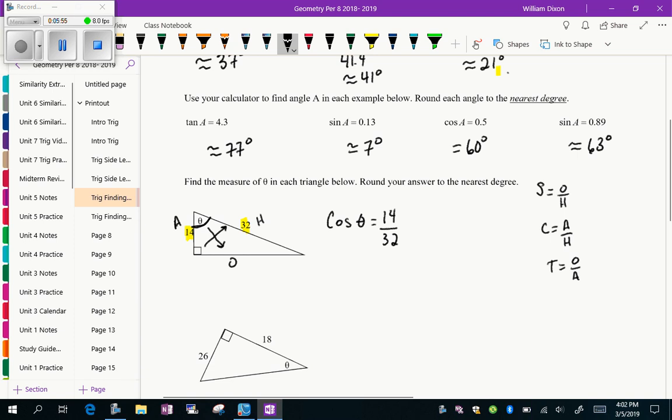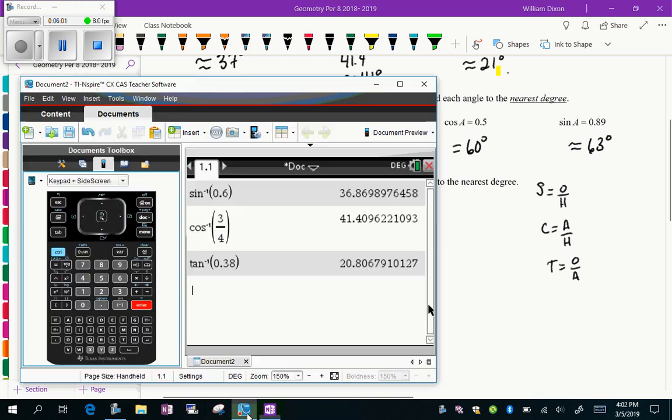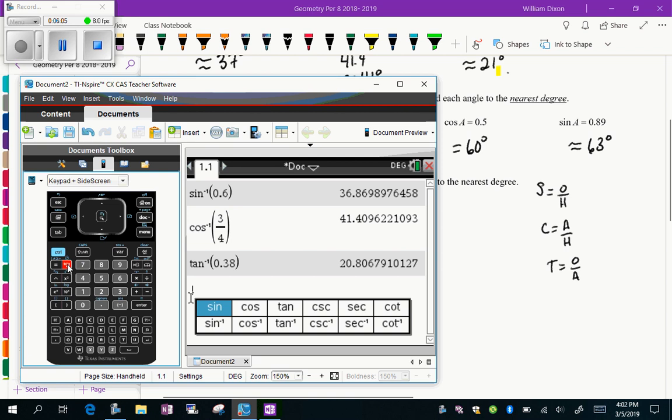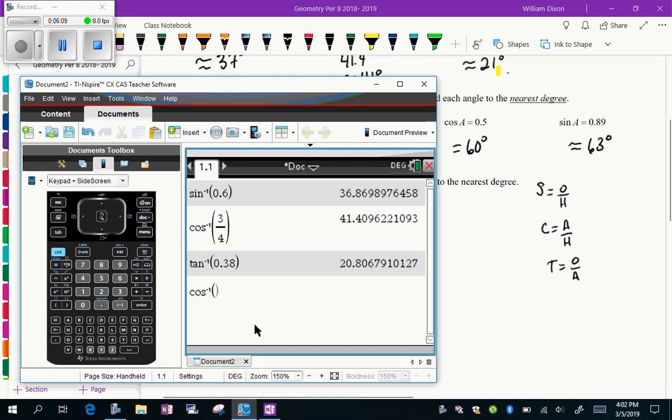Now I'm going to go to my calculator and find out what angle gives me that relationship. I hit the trig button, the inverse cosine.